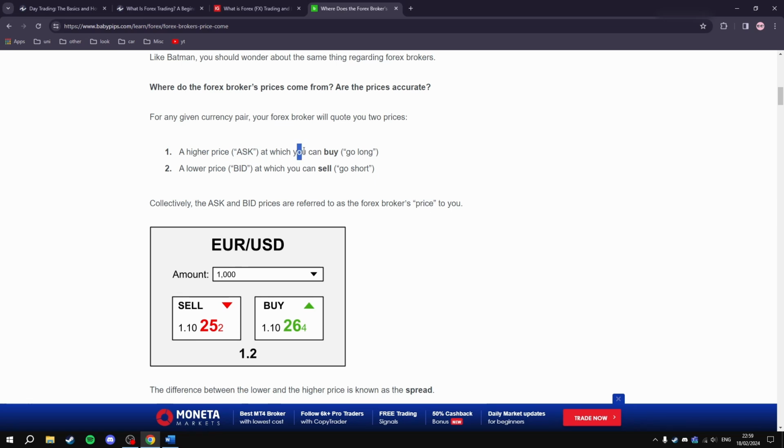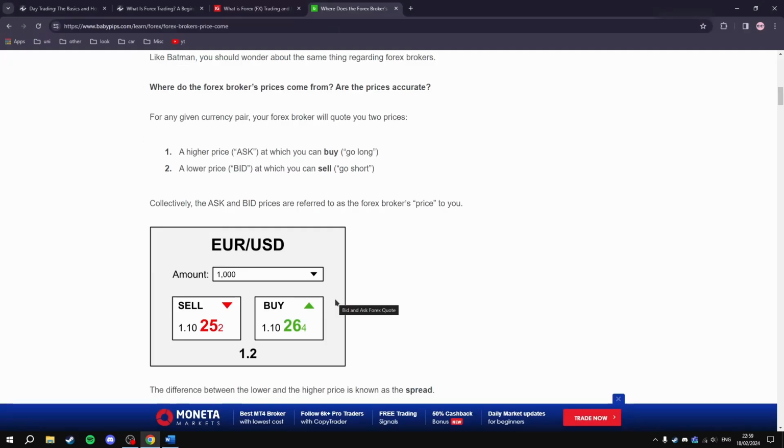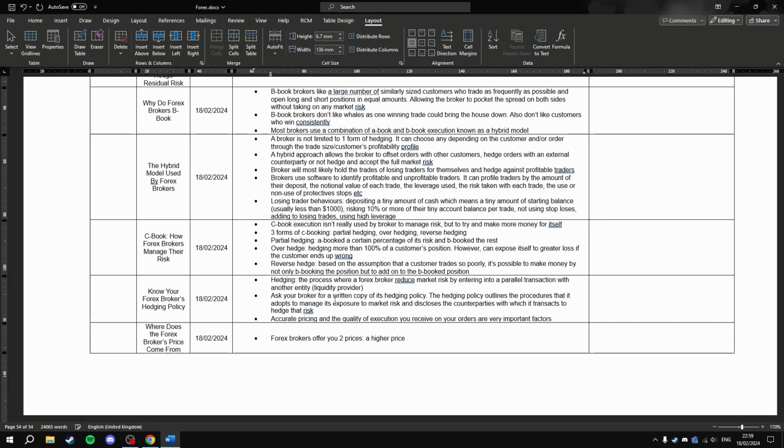Forex brokers offer you two prices. Higher price, ask, at which you can buy; lower price, bid, at which you can sell, go short.